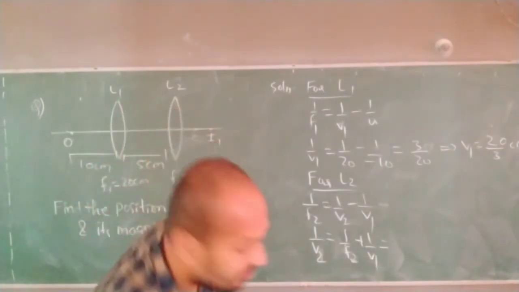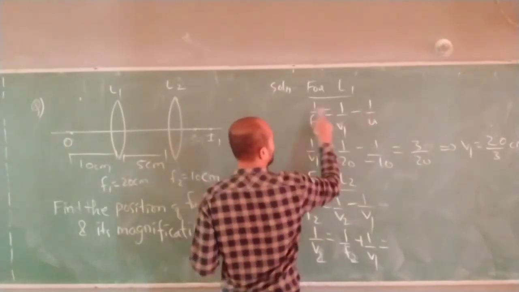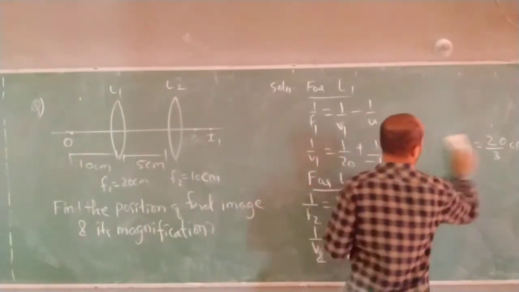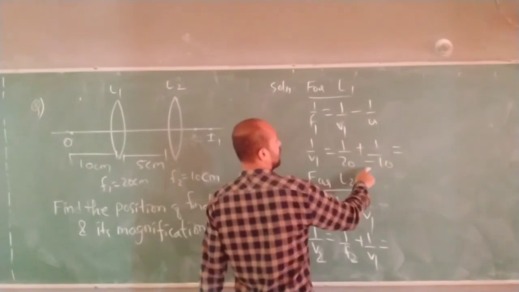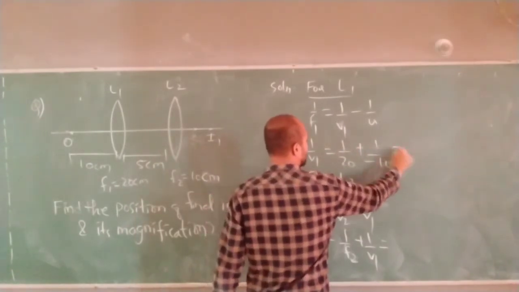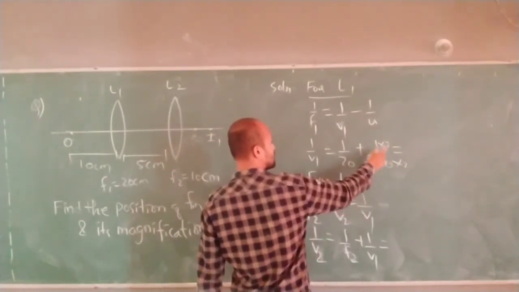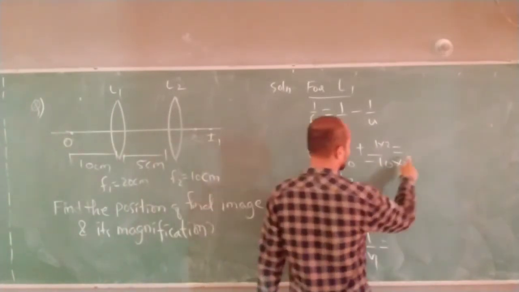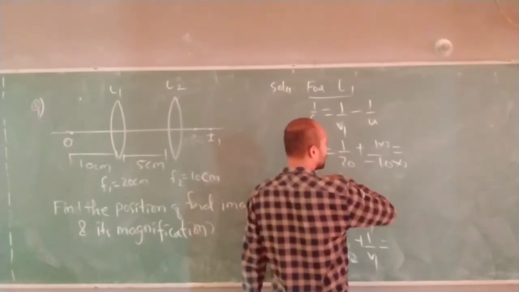Sorry guys, I have made a simple mistake here. Here 1 by v1 is 1 by f1 plus 1 by minus 10. Multiply into 2, and this will become minus, 2 minus 1 by 20.